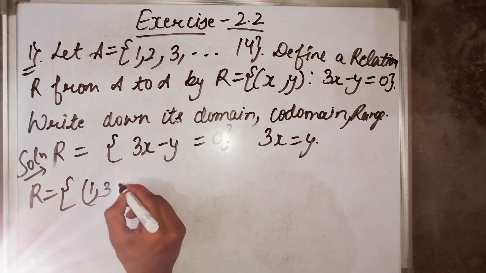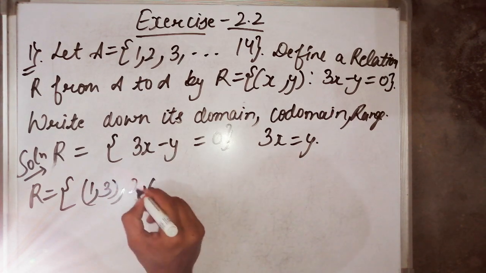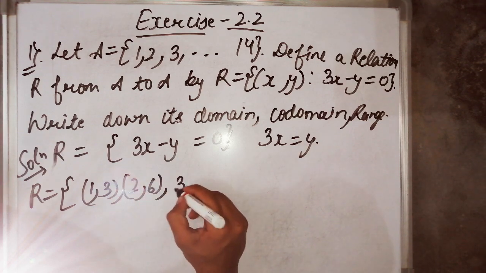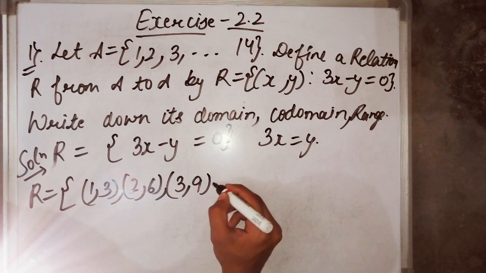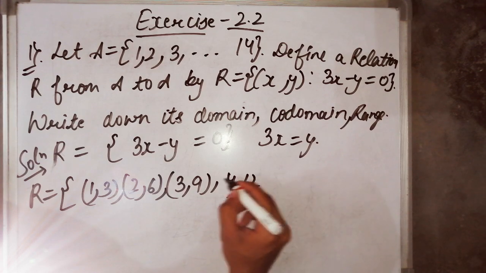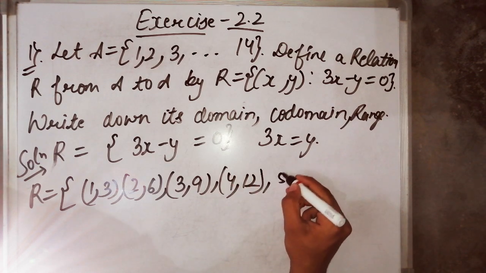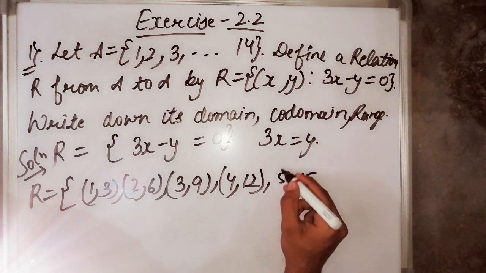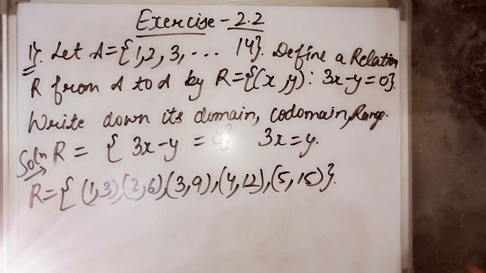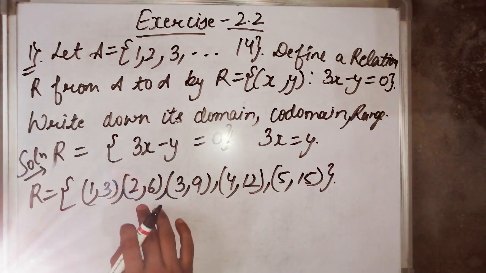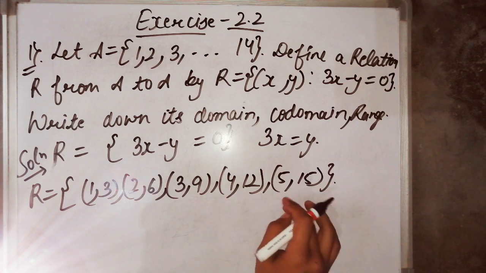Let's write it down: (1, 3), (2, 6), (3, 9), (4, 12), (5, 15). Okay, this much.